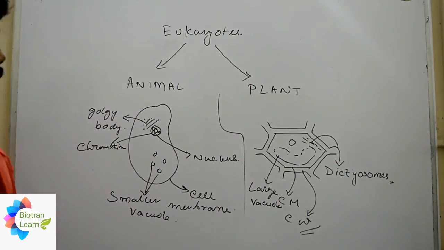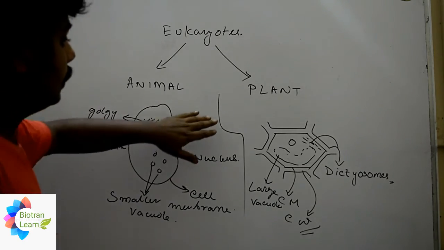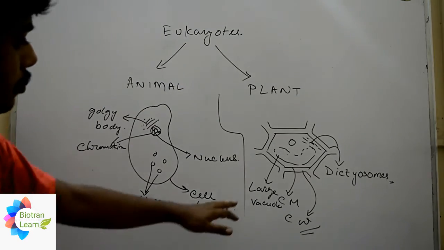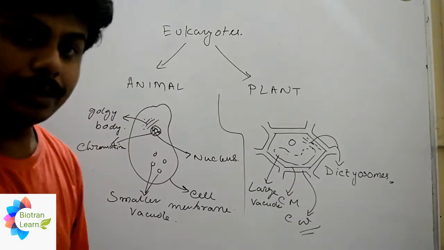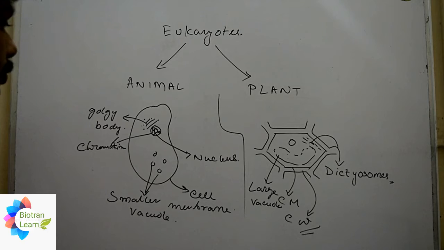Now these two differences can be understood like this: dictyosomes will be present in plant cells and the Golgi body will be present in animal cells, right?